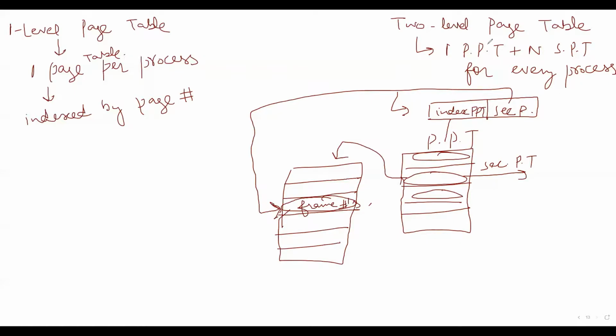It decreases the total size because we are not storing all the secondary page tables. We are only creating those secondary page tables which are required by our process. So this is the one-level page table and the two-level page table.